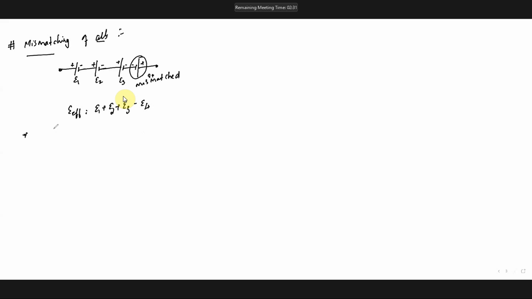I'll give you an example. Let us consider these are cells. One cell is mismatched. All the cells have the same EMF.